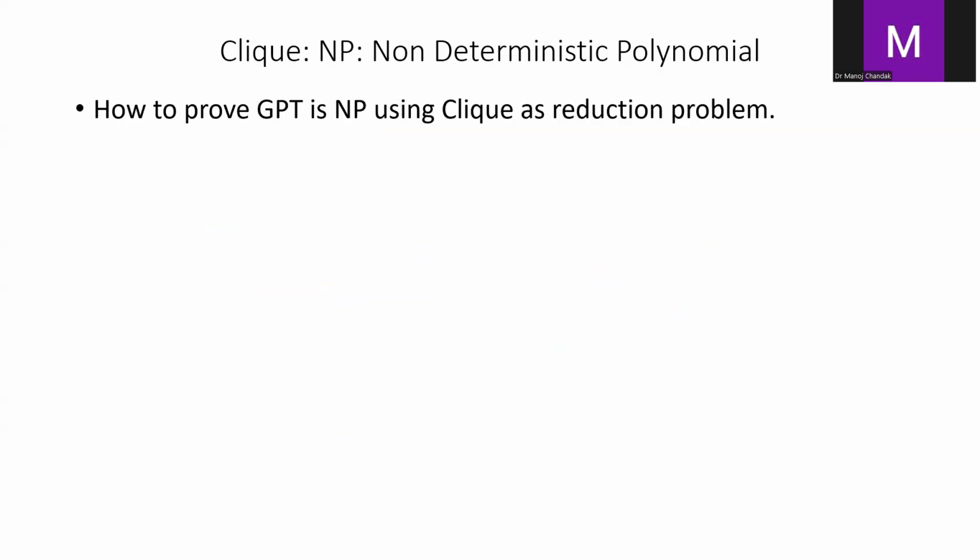Now let us try to further understand, can we classify GPT as NP complete? In the previous discussion, I have given you the idea about what is NP complete. To prove any given problem as NP complete, first prove it as NP, then find the set of problems which can be mapped or reduced to the given problem which we want to prove as NP complete.